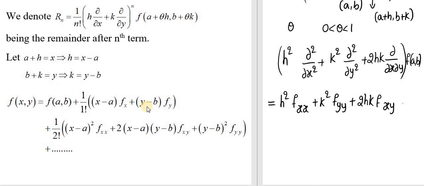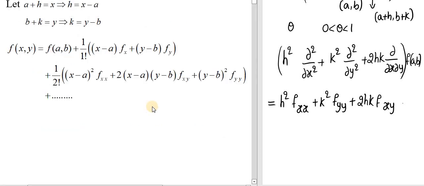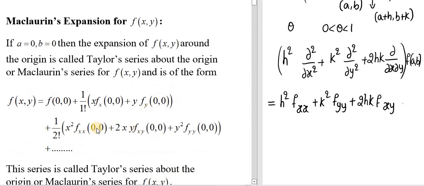Similarly, y minus b is replaced with y minus 0. y minus 0 means y only, because we are taking a equal to 0, b equal to 0. This is the expression after replacing a value and b value. This is called Maclaurin's series for f of x comma y, or Taylor's series about the origin.